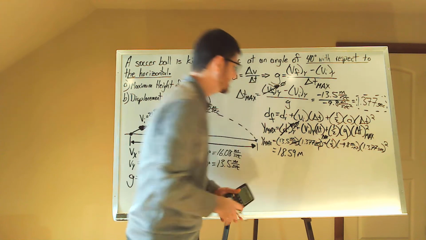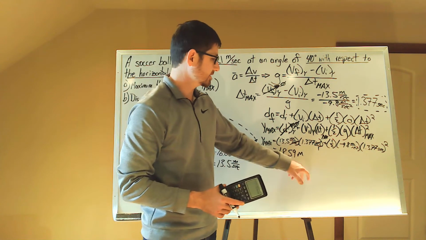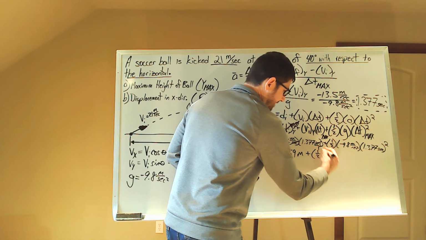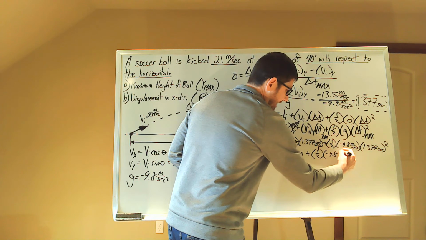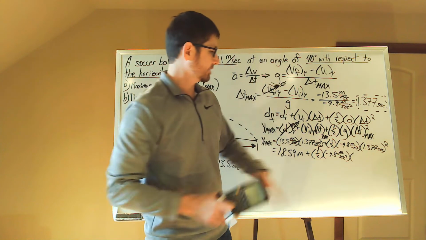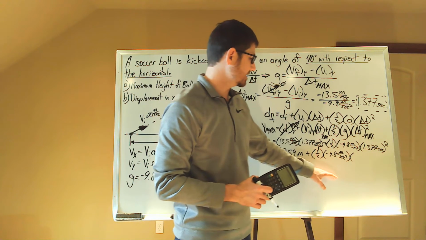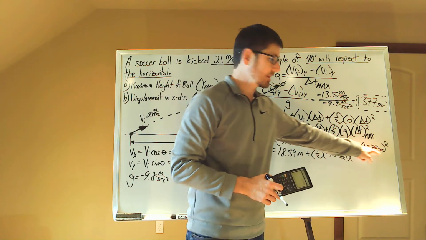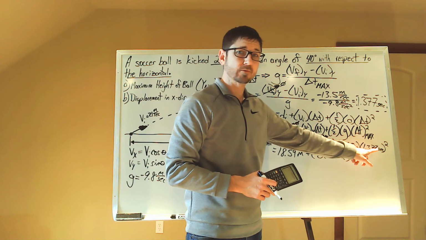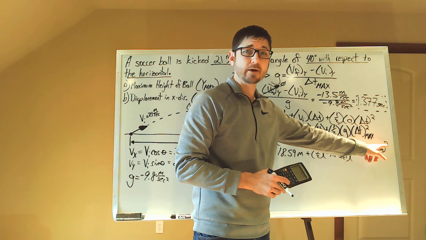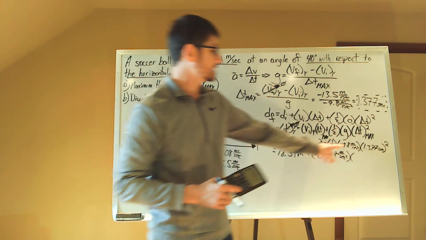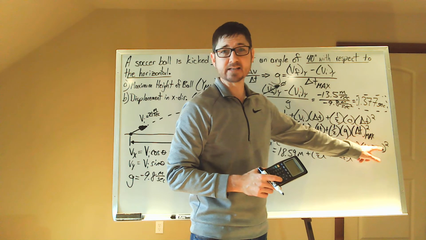So we have 18.59 meters plus 1/2 times negative 9.8 meters per second squared. Now the reason I'm writing it like this is because if we're looking at the last part of this equation here, according to the order of operations, you know that we are required to take care of our exponent first. So what we're going to do is 1.377 seconds squared.